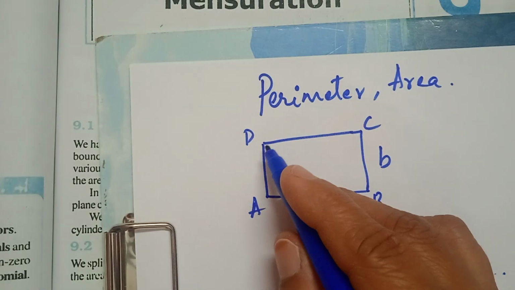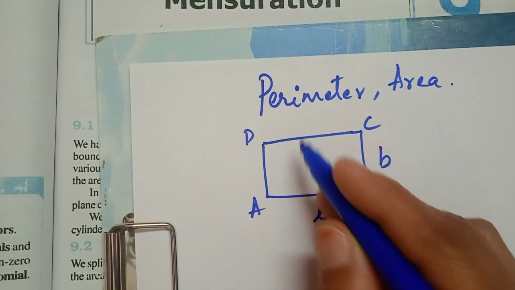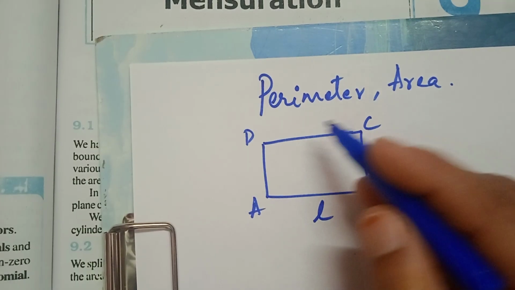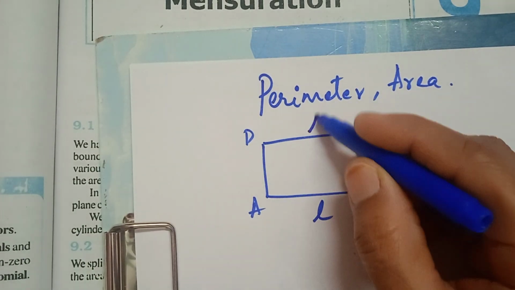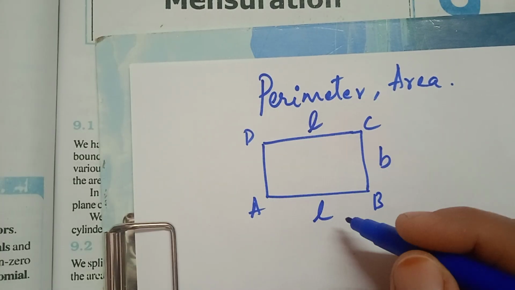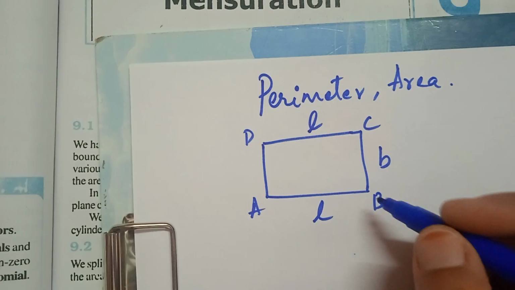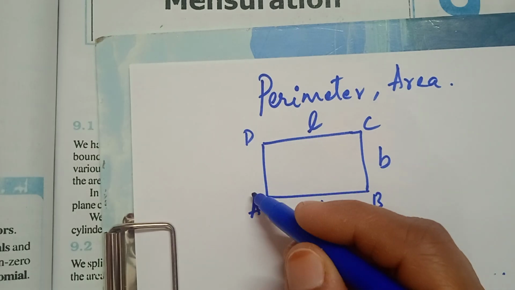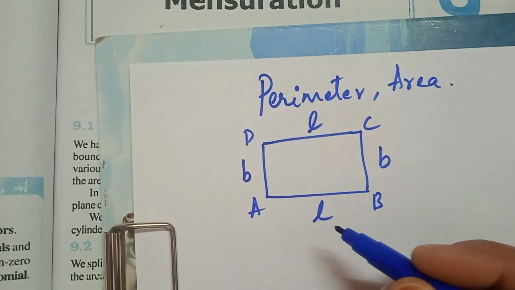AB is equal to CD, so I can write CD also as L, because AB and CD are equal. Whereas BC is B, so AD also is B.